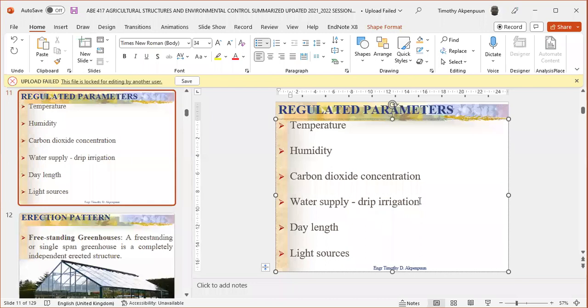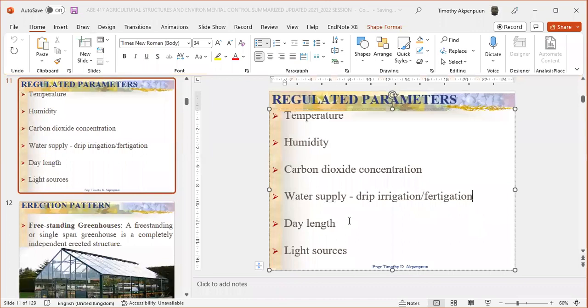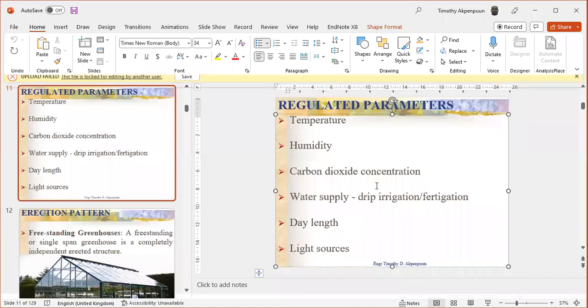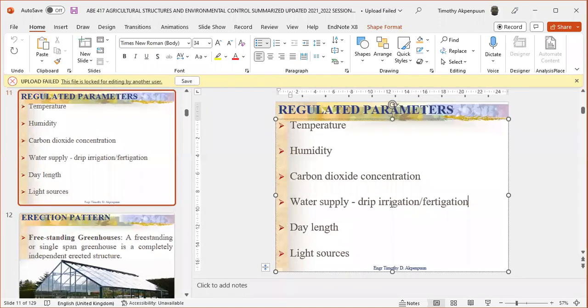How do you apply fertilizer in greenhouse plants? No, fertigation. You know what fertigation means? Putting fertilizer inside the irrigation water, sir.